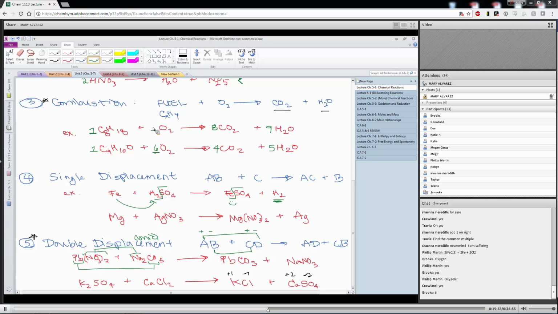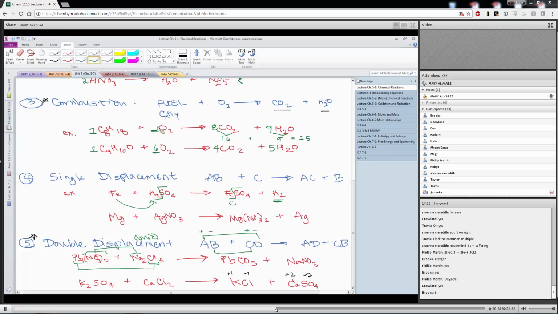Now, what do I need to put here to balance out my oxygen atoms? We look here, we've got 16 oxygen atoms. And here I've got 9, so I have a total of 25 on the right side.